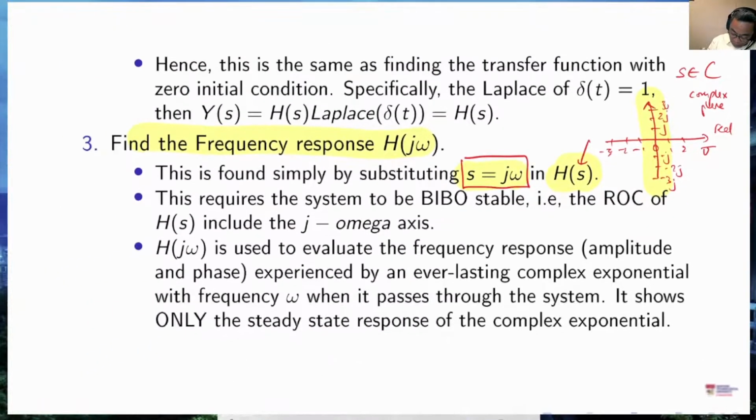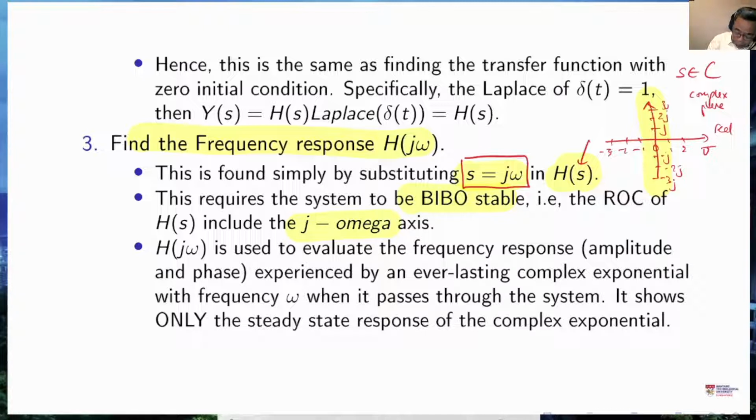When we do that, we get the frequency response. Of course, please remember that for this evaluation not to blow up, the system must be BIBO stable. BIBO stands for bounded input, bounded output. When the system is stable, the region of convergence will include the j omega axis, which is this axis. Right.